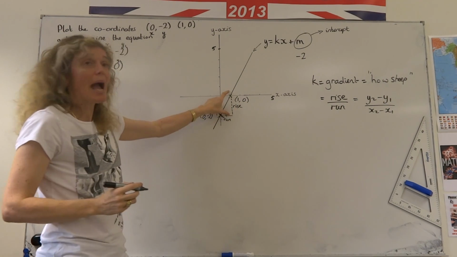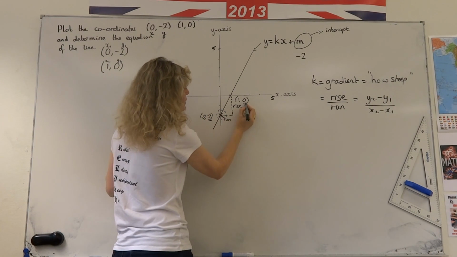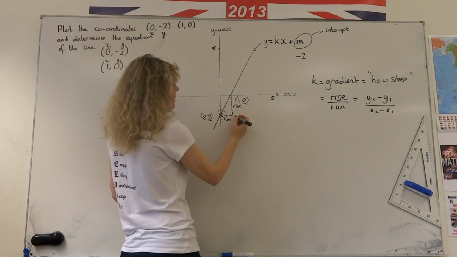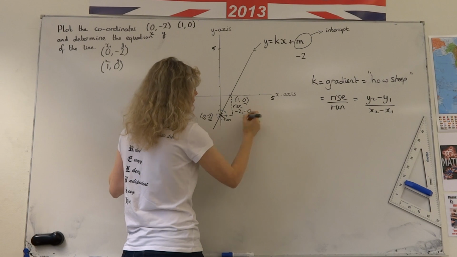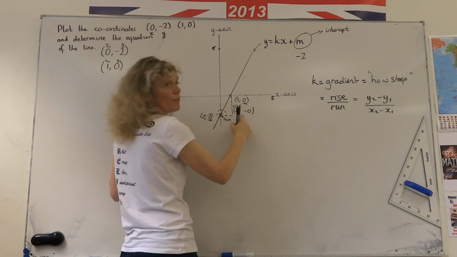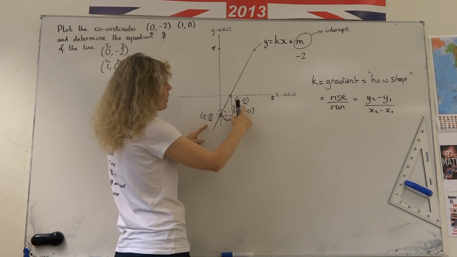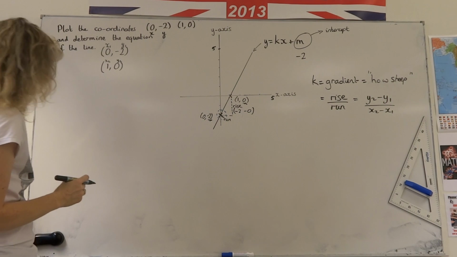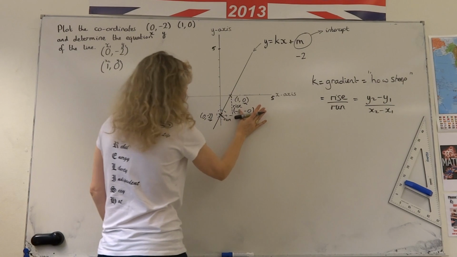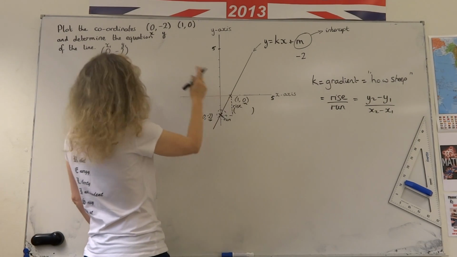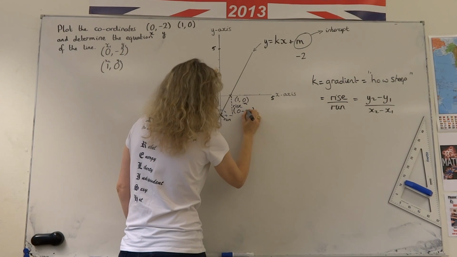If I'm going to work out how steep the rise is, I look at my y coordinates here. Here's -2 and here's 0. Sorry, it's supposed to be y2 minus y1. y2 is 0, so 0 minus -2.